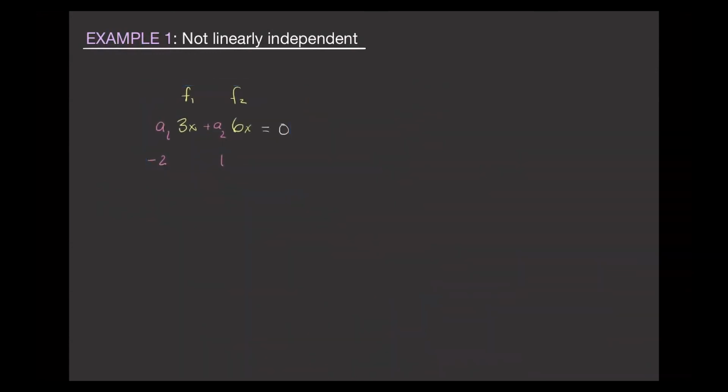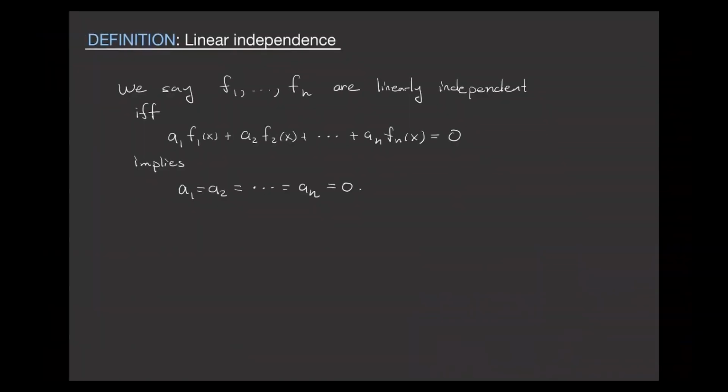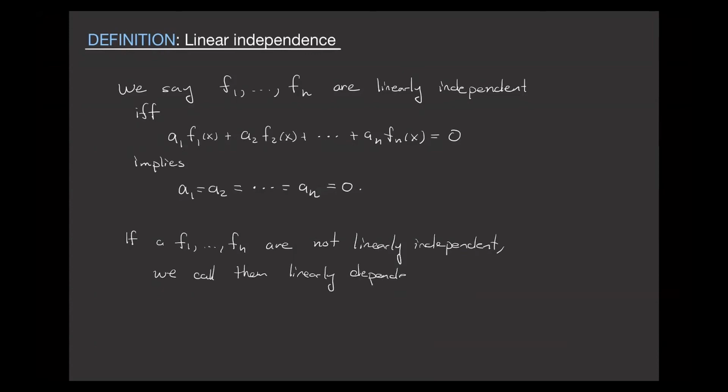We kind of did the example here, but let's add that if a set of functions, or I'll just say if this f1, etc., up through fn are not linearly independent, we call them linearly dependent. So you're one of the two. You're either linearly independent or linearly dependent.